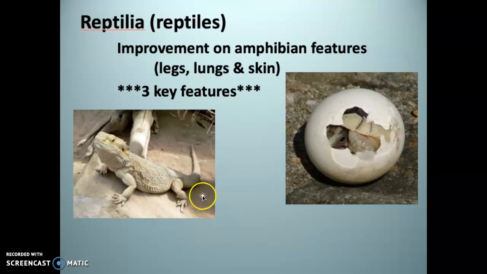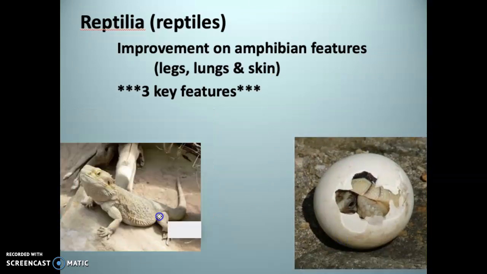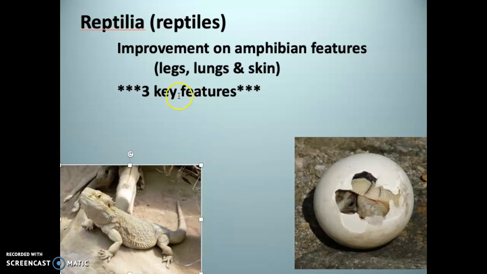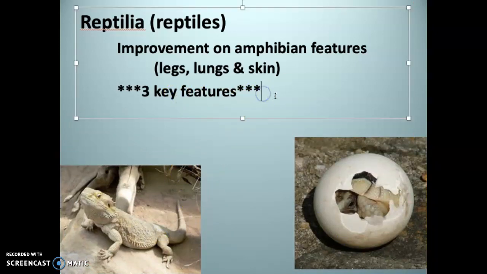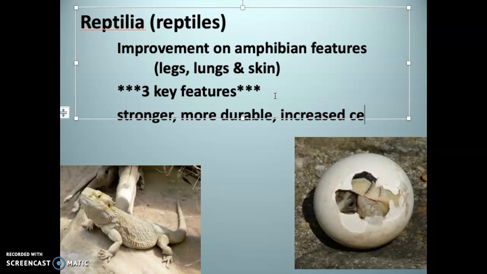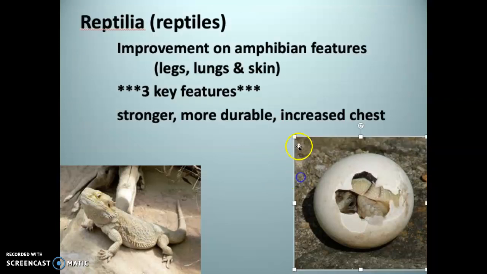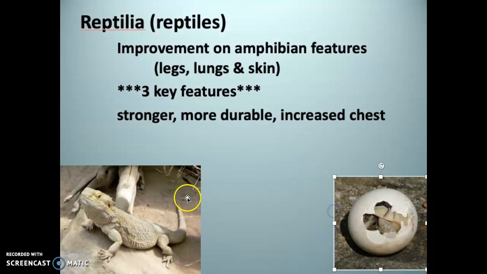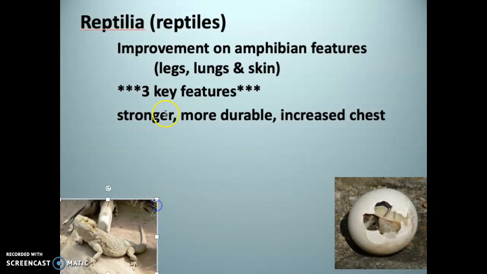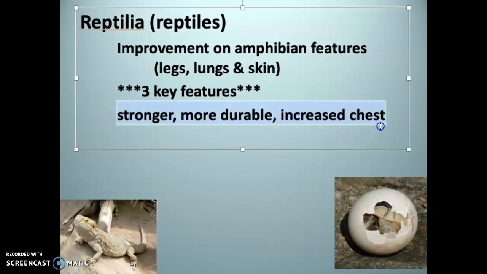Let me clear some space here. So the legs, stronger, more durable, and when you get these bigger, stronger legs, it actually increases the chest capacity or the chest cavity.